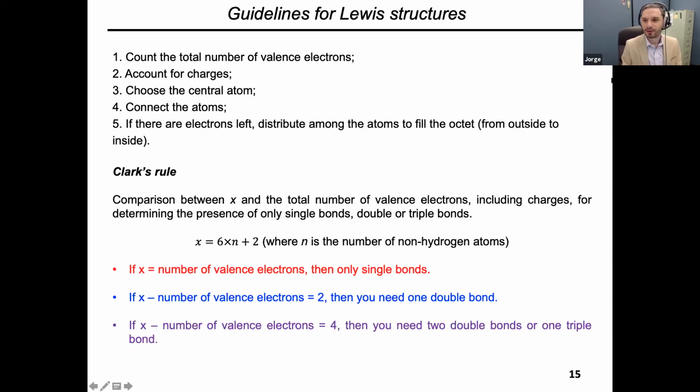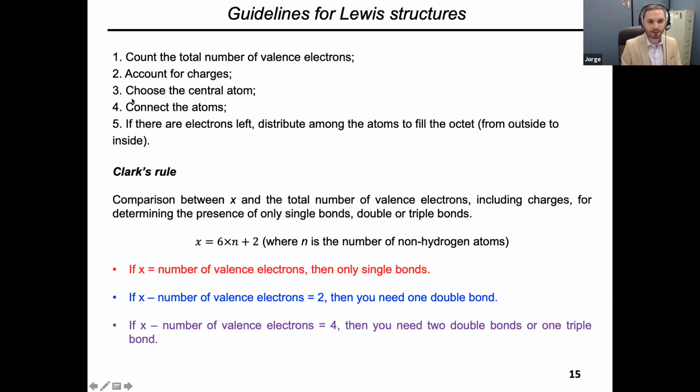After that, we are going to verify and account for charges. If the compound has a negative charge, electrons are going to be added to the total number. If the compound is positive, electrons are going to be subtracted from the total.